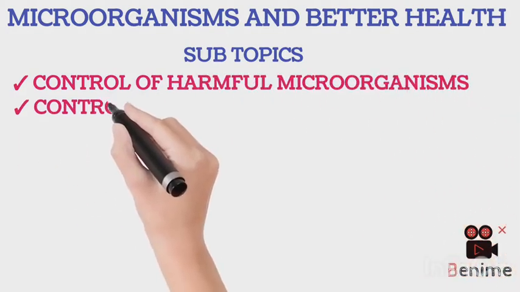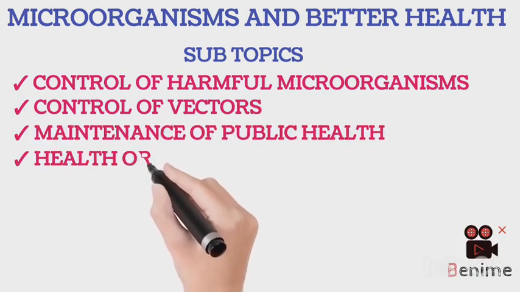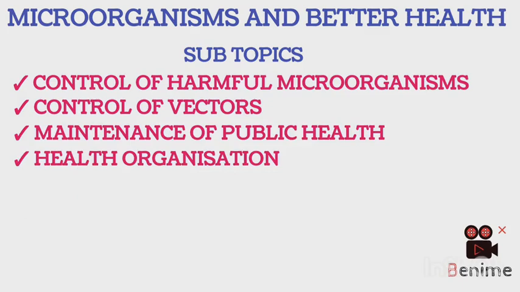Today we're looking at microorganisms and better health. We've talked about microorganisms in part 1 and their actions in part 2. Our topic for this class is the control of harmful microorganisms, the control of vectors, and the maintenance of public health organizations.